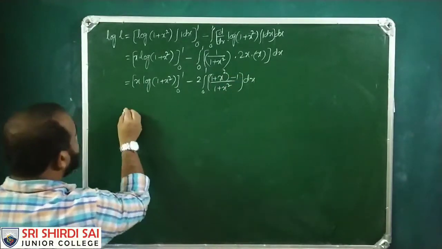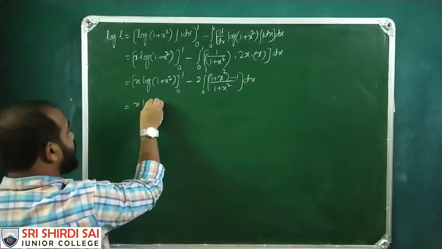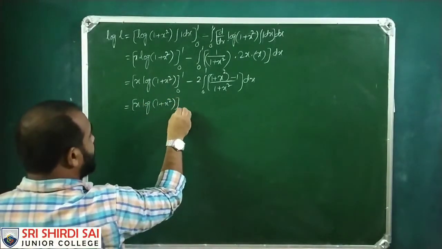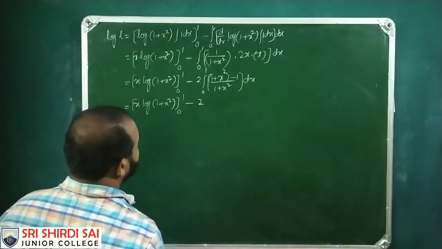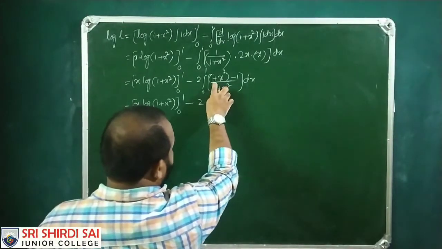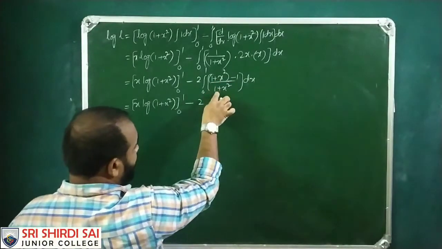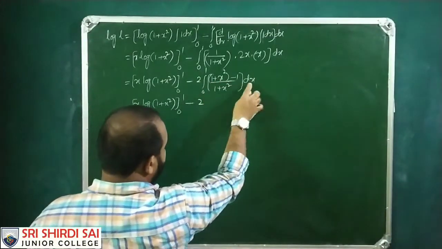So now x log(1 + x²) from 0 to 1 minus 2 times the integral of (a − b)/c, which is a/c minus b/c. So 1 plus x square gets cancelled, and the integral of 1 dx is x.